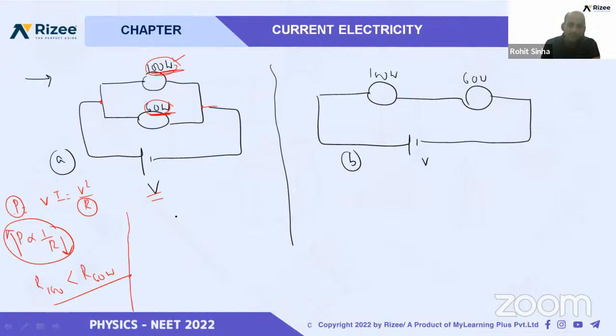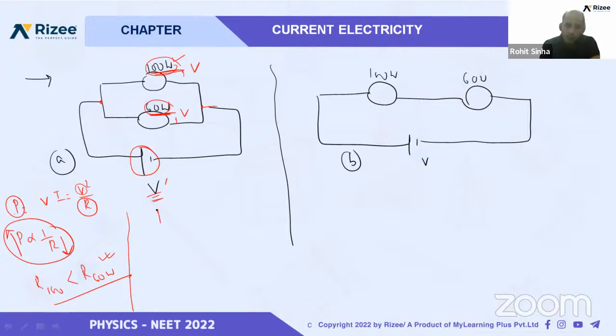Now when we are applying external bias, V dash, this voltage was the initial rating of this device. Now we have applied some voltage V dash.